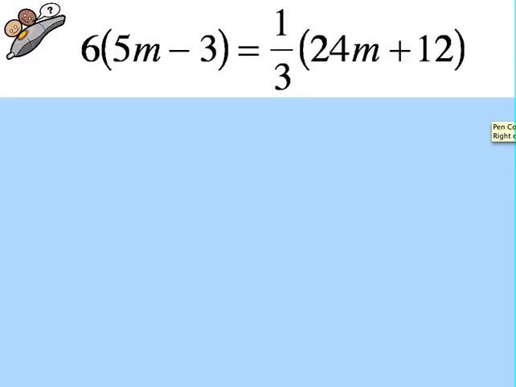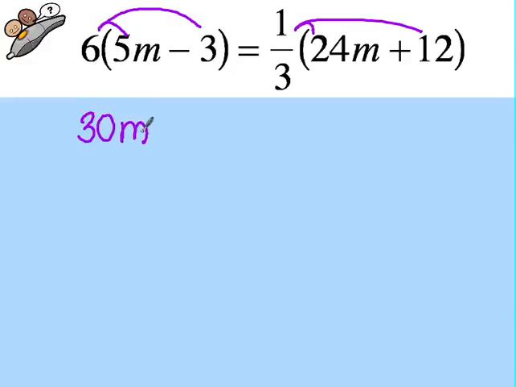Distribute. Whenever you see that number outside, let's distribute. What is 6 times 5m? 30m. Very good. What is 6 times your negative 3? Negative 18. And that's going to equal.